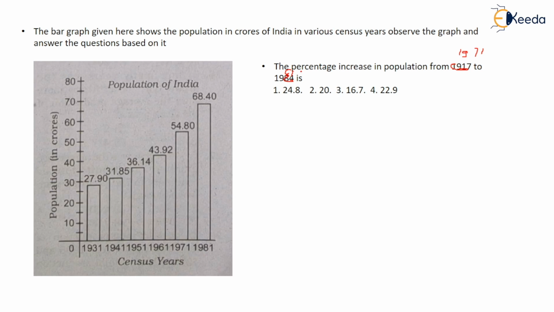So the percentage increase in population from 1971 to 1981. So you can see these 2 years. How much is increased? 68.40 minus 54.80.